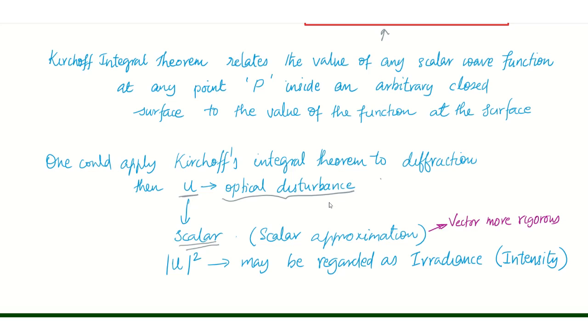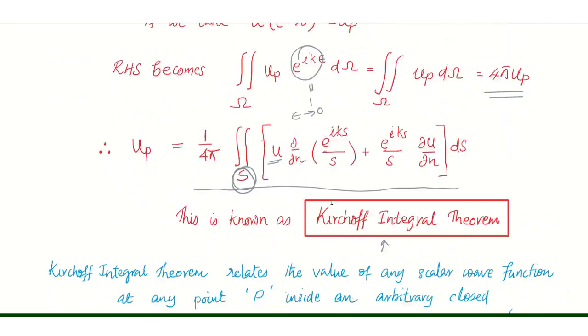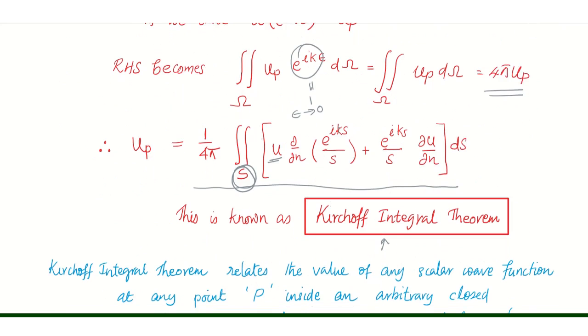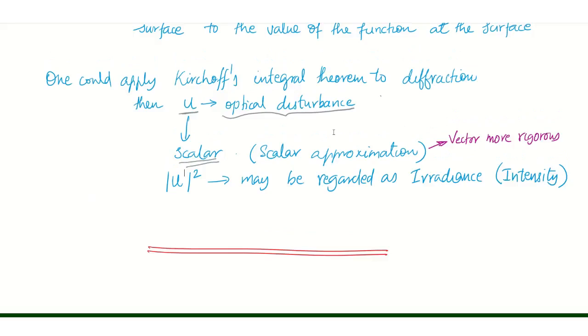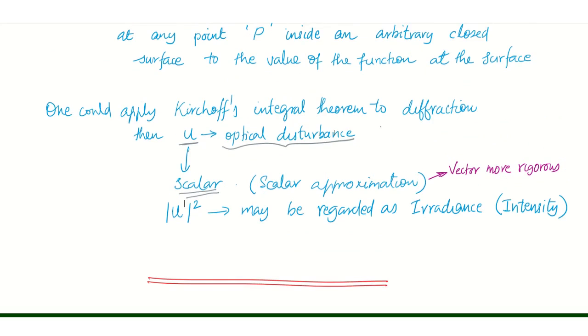If it's a spherical wave, you can take this expression here, e to the power iks by s, and if it's a planar wave function, you can take e to the power iks, and similarly like that. And it's a scalar approximation, as I said, because the vector treatment is more rigorous, and also a very long derivation.